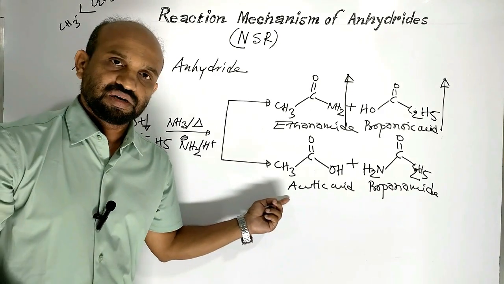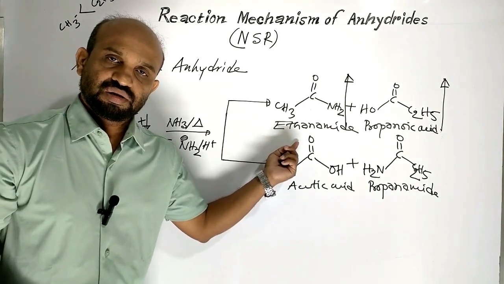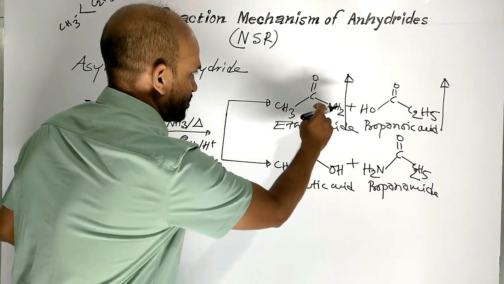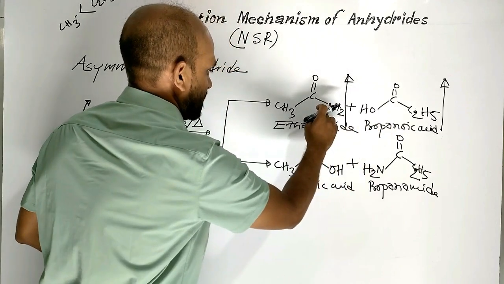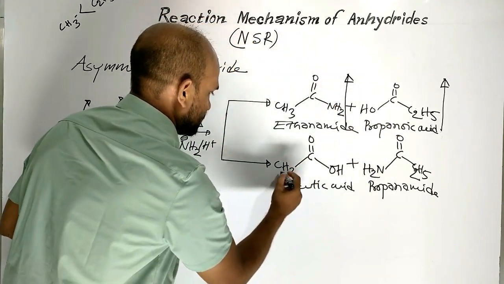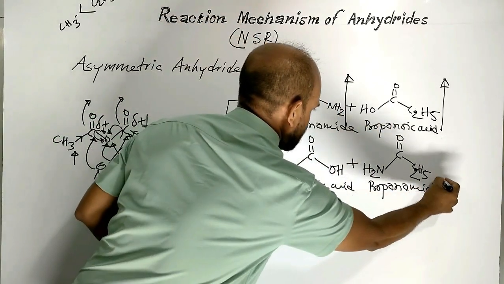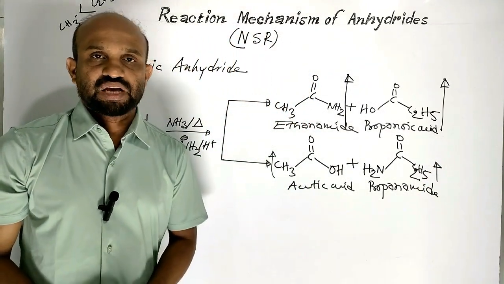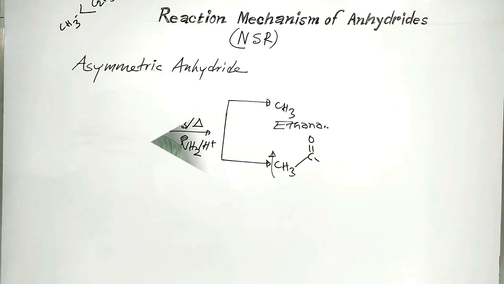So basically this reaction occurs, not that reaction, or we can say that the percentage of these compounds is higher but the percentage of these compounds is lower. This is the reaction of an asymmetric anhydride.